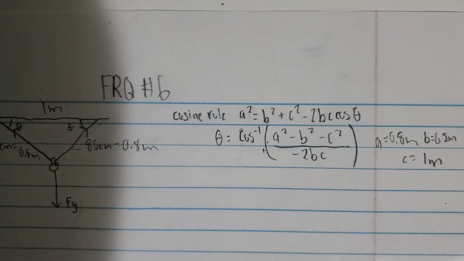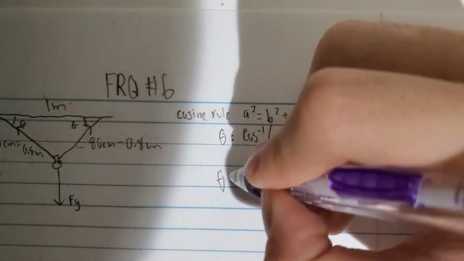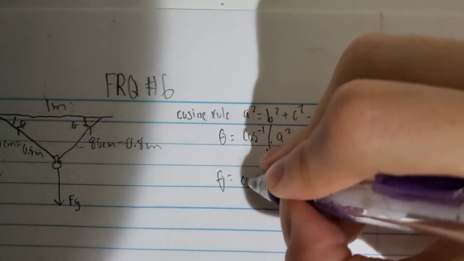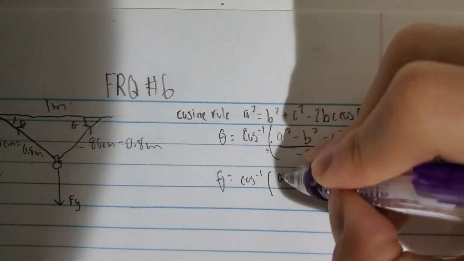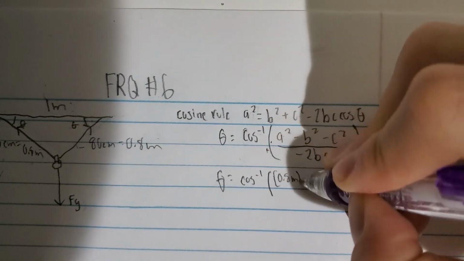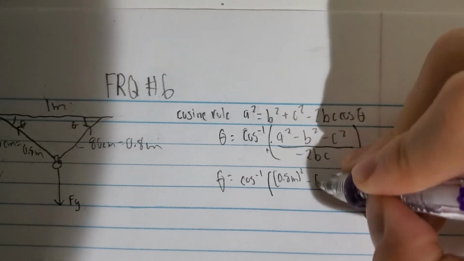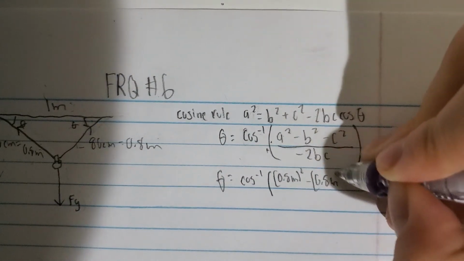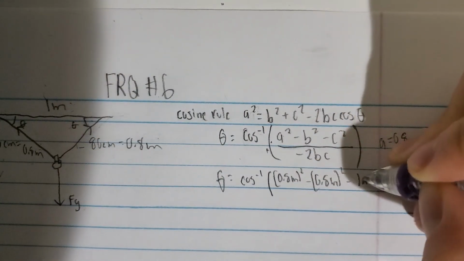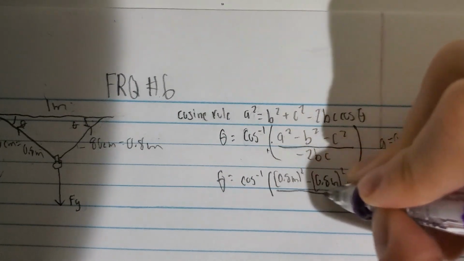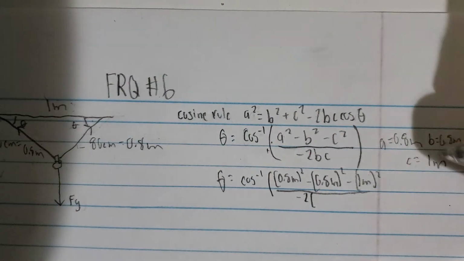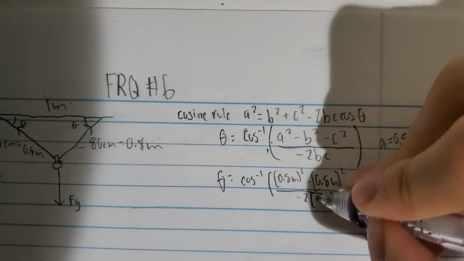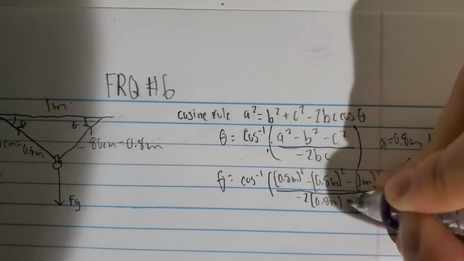So now, just plugging in my numbers, theta is equal to arc cosine of (0.8 meters squared minus 0.8 meters squared minus 1 meter squared) divided by (-2 times 0.8 meters times 1 meter).